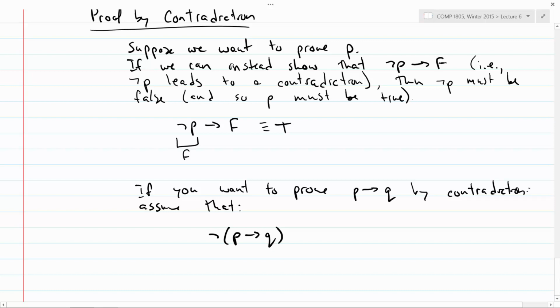You assume the negation of the thing you're trying to prove. And the negation of this is just the negation of not P or Q, which is the same as P and not Q.